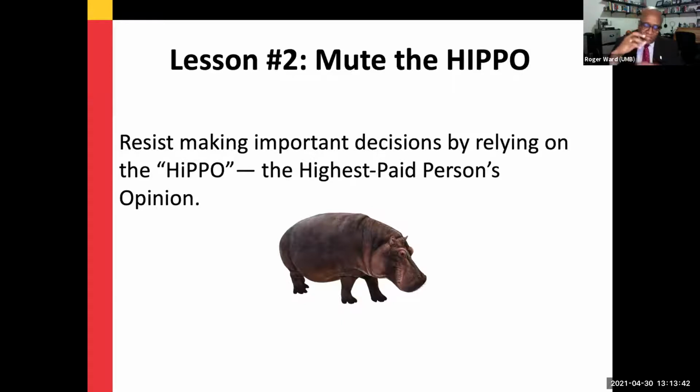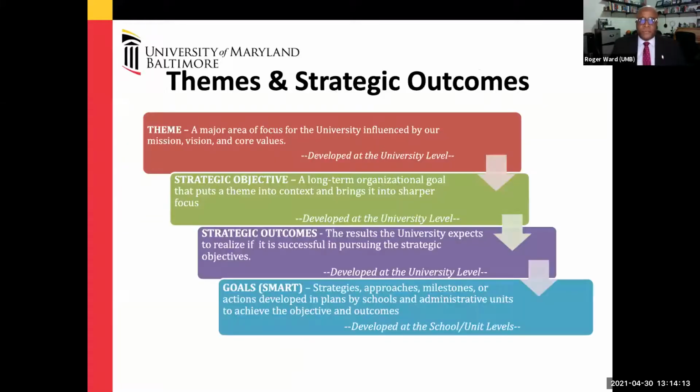The concept says resist making decisions by relying on the hippo, the person who gets paid the most and with whom the buck stops, which in a university setting is the president. Though the president isn't always the right person, nor is the provost, or sometimes the dean, to be making that decision. And so that's another principle that I adhere to as a strategist.